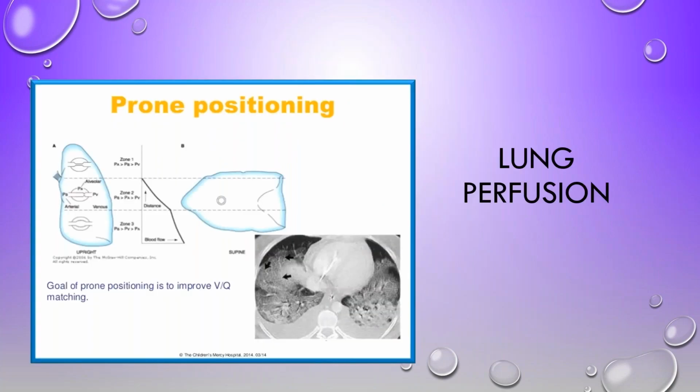Now, lung perfusion is very, very important. And in about 2002, 2003, there was this big movement worldwide that we started looking at prone ventilation. It has now become modernized because of COVID, because now even if they come into the hospital and we place these adults, mostly adults, on CPAP, we ask them to lie on their tummies.